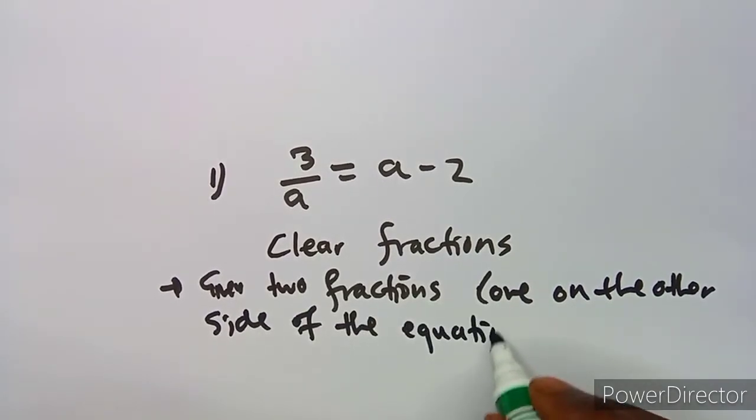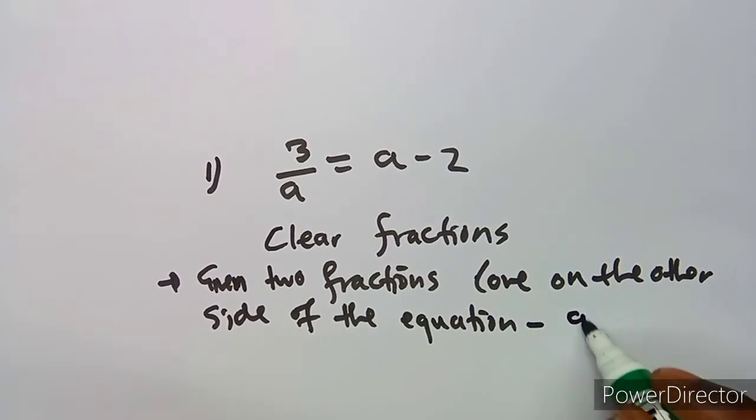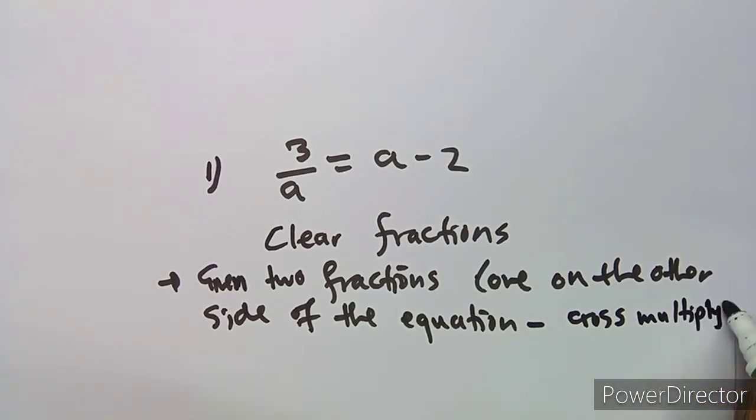So this is the condition that you can be given. You are given two fractions, with one on each side of the equation. On this part, you can cross multiply. That's what you can do if you want to.